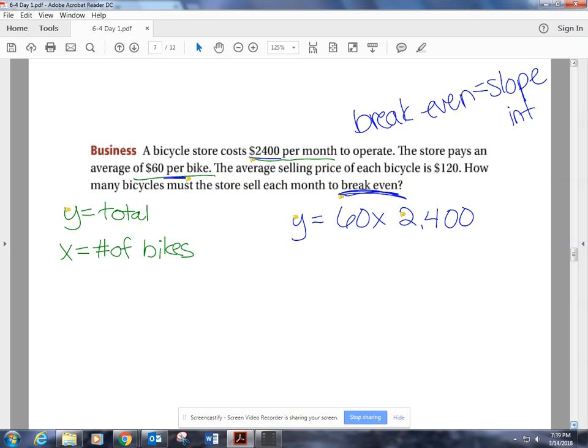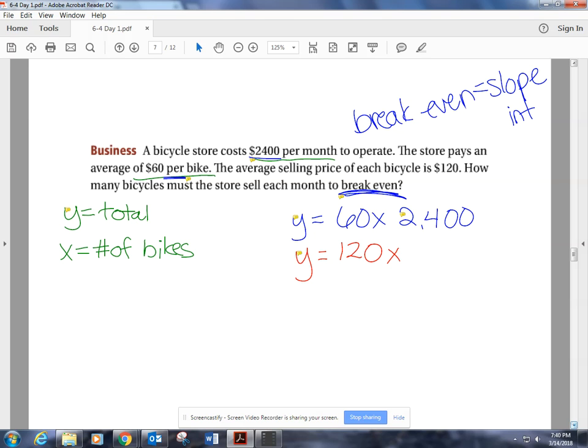Now the store is going to turn around and sell the bikes for $120 each. So the total is going to be equal to $120 multiplied by each bike. Now we have two equations written representing our situation, and we want to know how many bicycles must the store sell each month to break even.